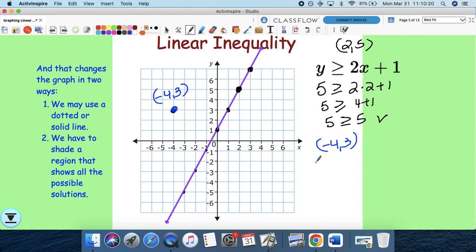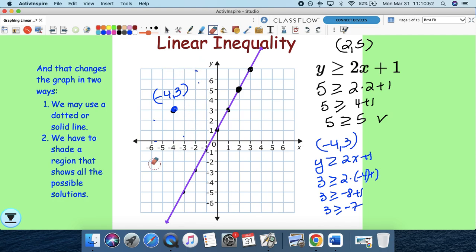So we get y is greater than 2x plus 1: 3 is greater than 2 times -4 plus 1, and 3 is greater than 2 times -4, which is -8, plus 1. And 3 is greater than -7. Is that true? Yes, it is. So that's telling you that points above this line, to the left, like any of these points here, will make that inequality true.